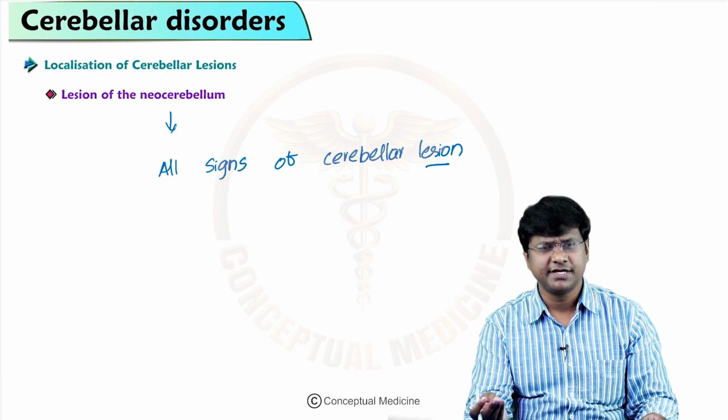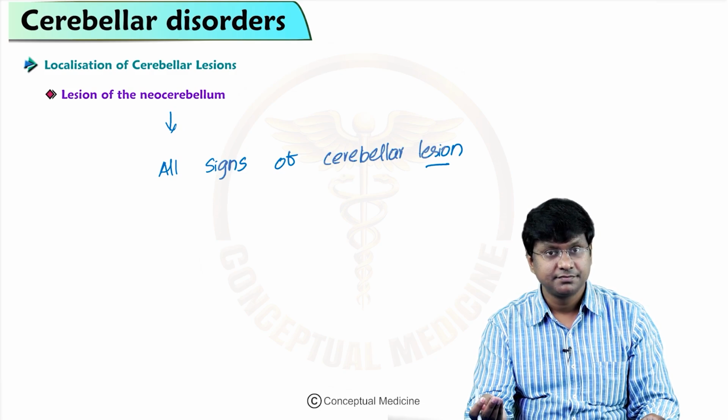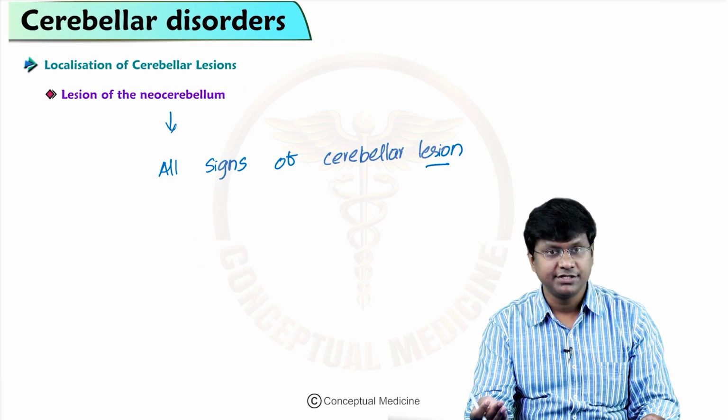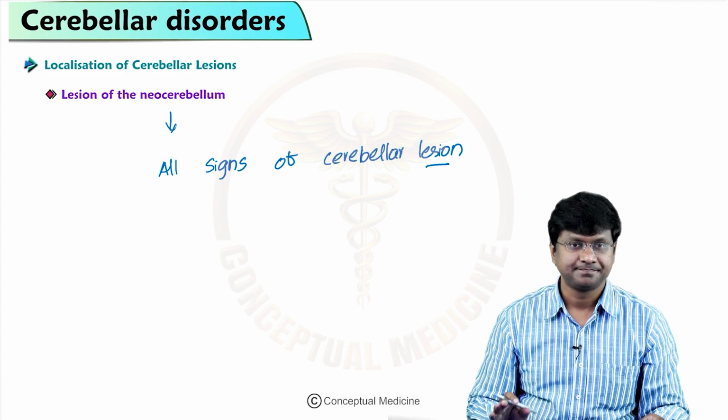Now, all the signs of cerebellar lesions, in the sense, they will have nystagmus, titubation, intentional tremors, dysmetria, dyssynergia, dysdiadochokinesia, loss of tandem walking, pendular knee jerk. All these will be there whenever there is a lesion in the neocerebellum.